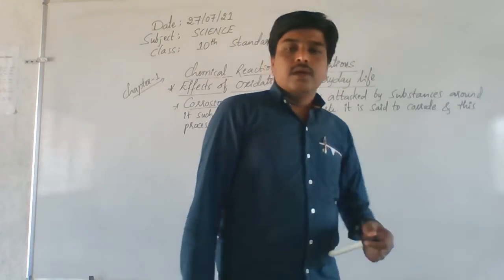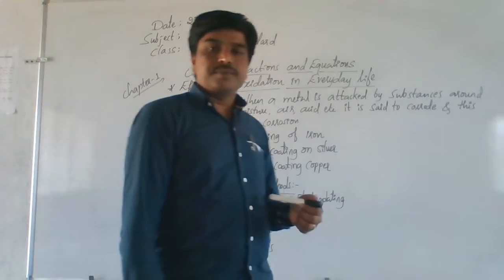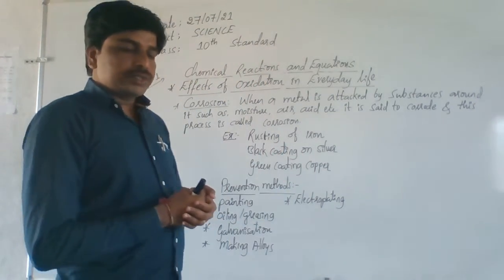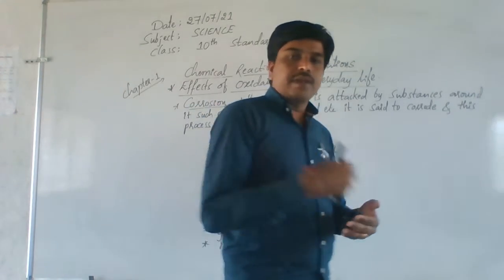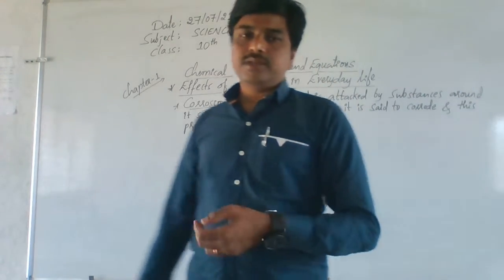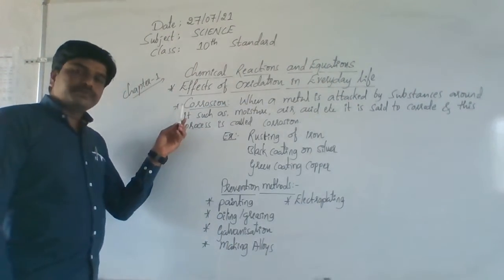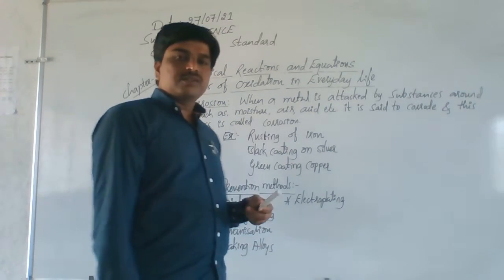So students, effects of oxidation in our everyday life. What causes this oxidation? Which are the effects of this oxidation in our everyday life? See, the first effect is what? Corrosion. Corrosion means what, sir?